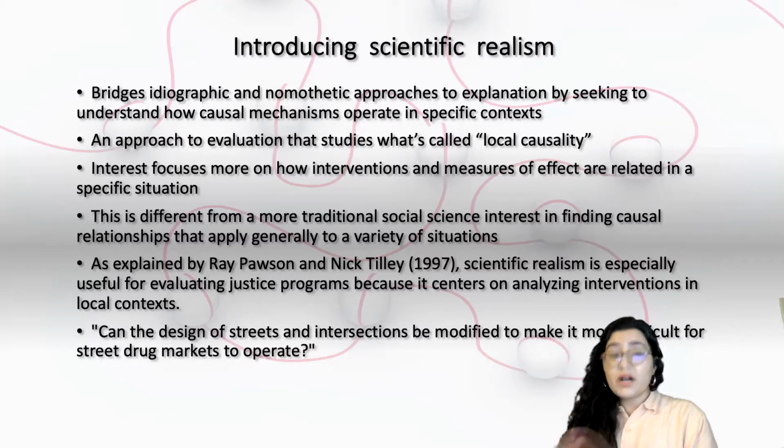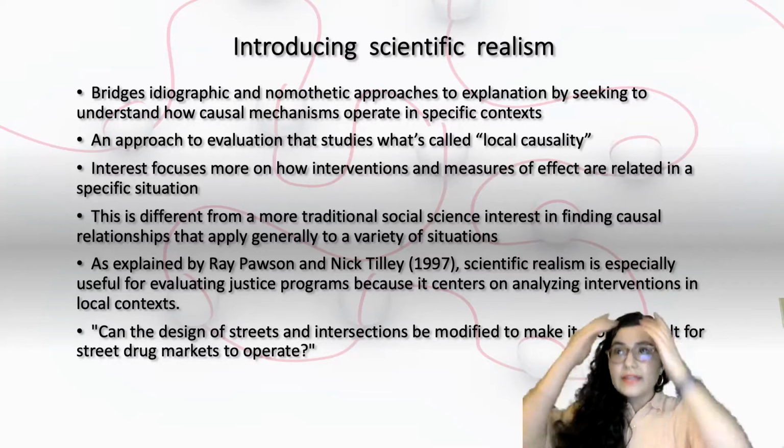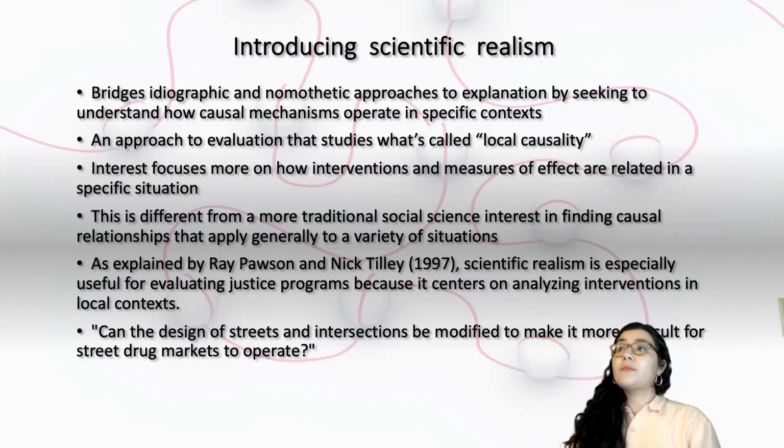And Pawson and Tilley are really big on this. And if you're more into like specific interventions and very specific things, they looked at the design of streets and intersections and tried to make modifications and saw how those modifications developed over time. So it's a bit more relaxed design-wise than doing a research experiment.